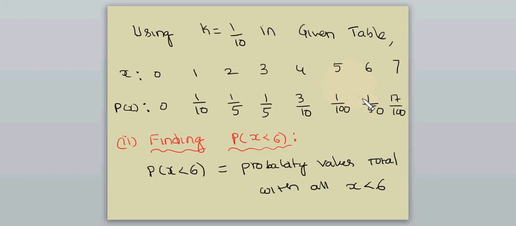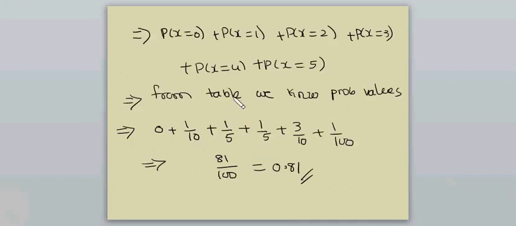Don't include 6 because it is strictly less than 6. When you add and simplify, for x equal to 0, 1, 2, 3, 4 and 5, you get 81 by 100, which is 0.81.